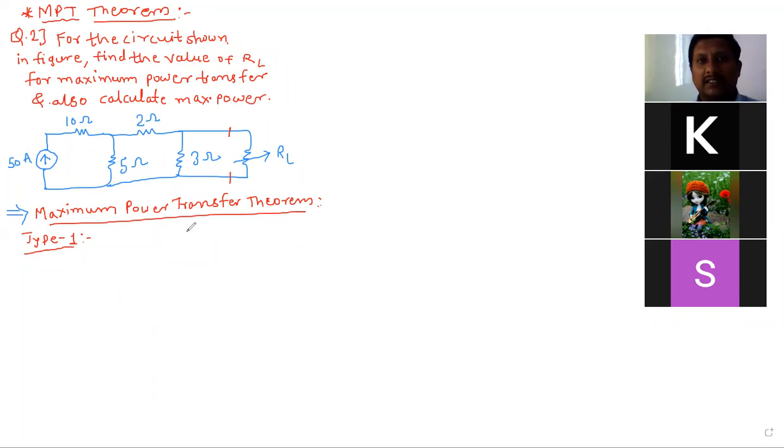Then connect RL across A and B. According to the condition for maximum power, RL must be equal to RS, that is RTH. So you get the value of RL, and lastly you can calculate PL max.